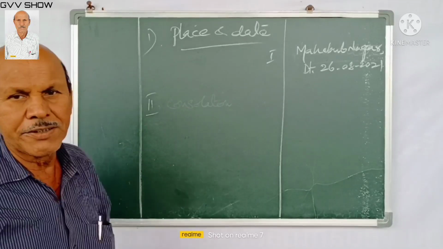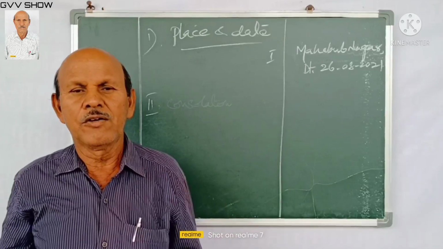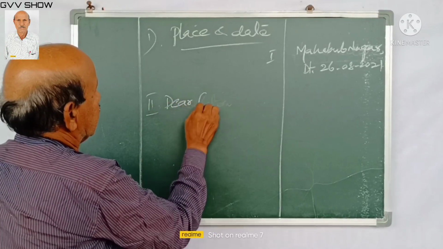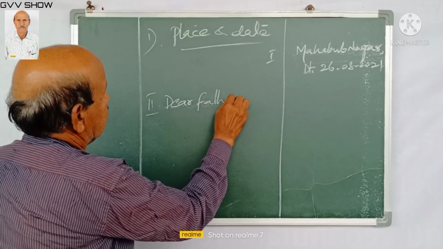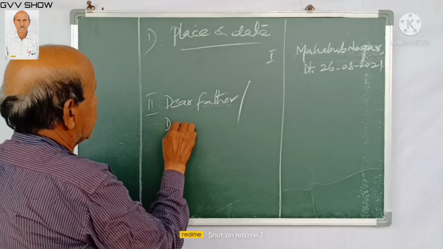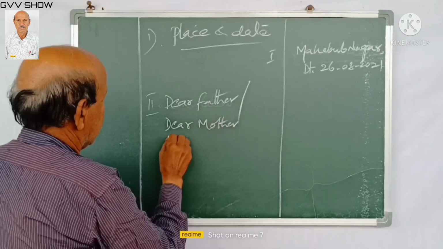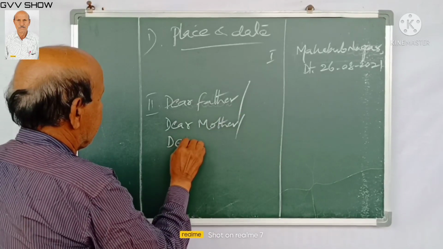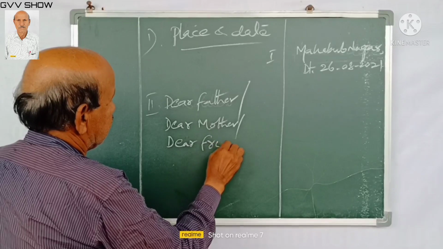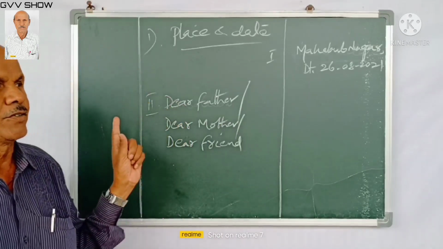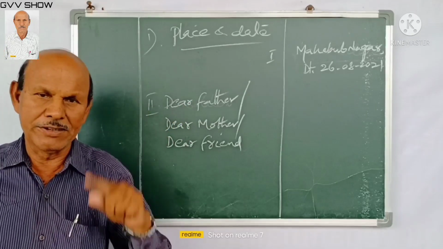If you write to your parents or friends, you write dear father, or dear mother, dear friend. So these are consolations regarding your family members and friends.